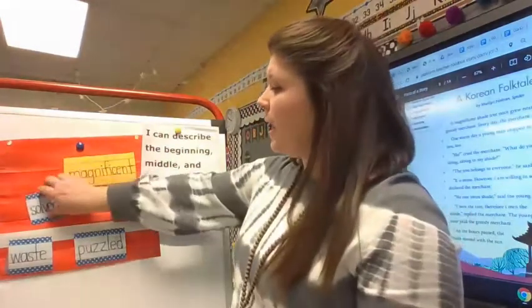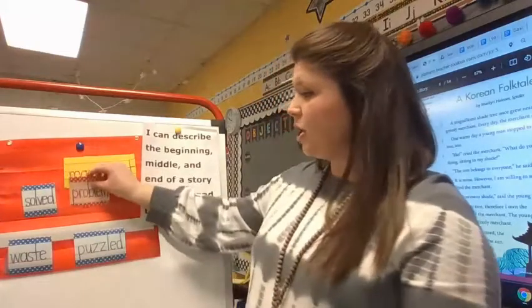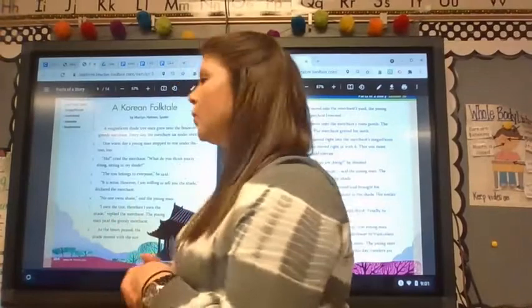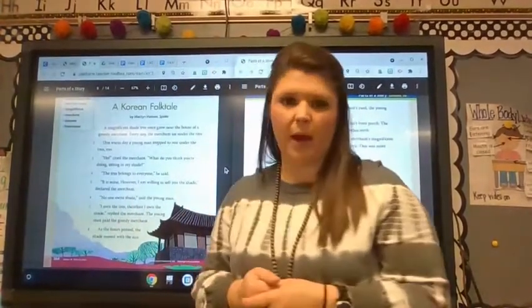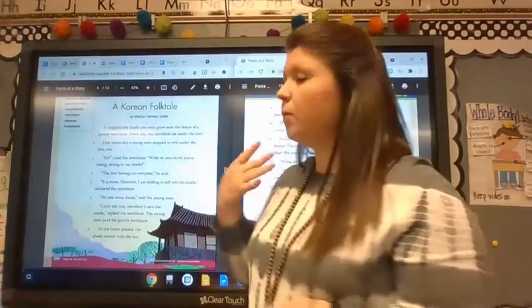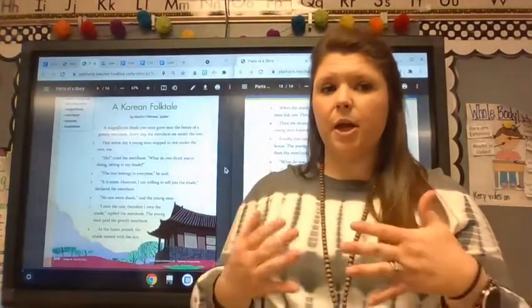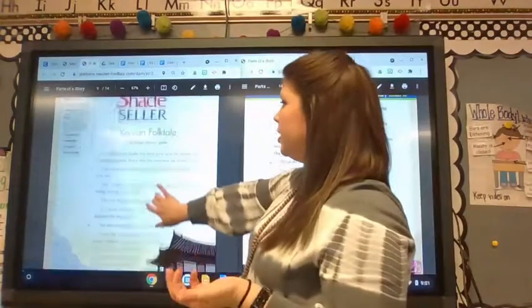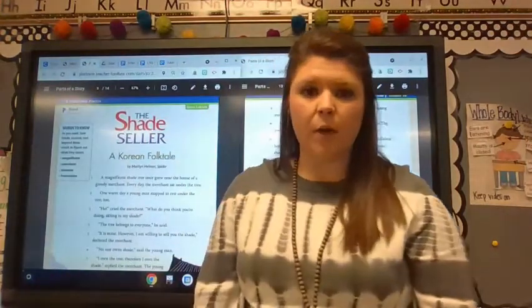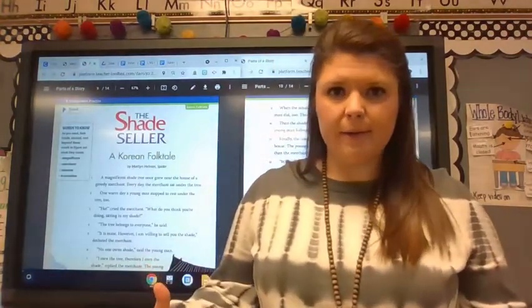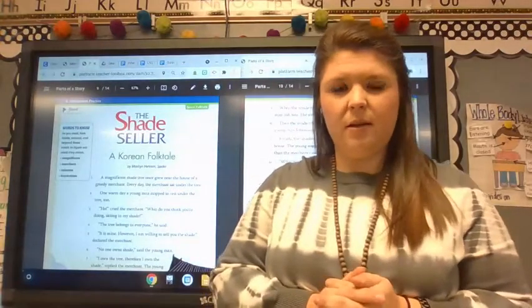So yesterday you read the story, The Shade Seller. This is in our Ready Reading Journal, and this was a Korean folk tale, okay? There were a couple of things that we needed to know before we began reading and understanding. Well, first we needed to know, what is a shade?